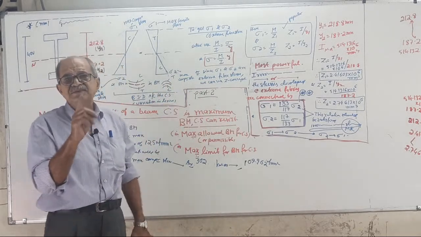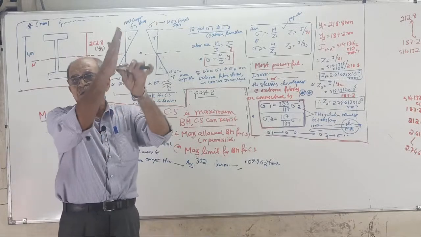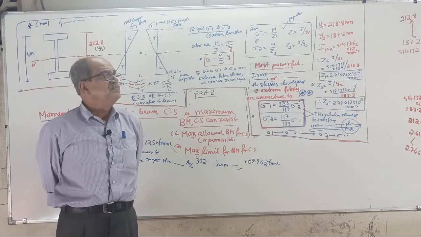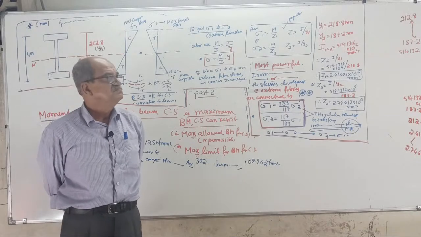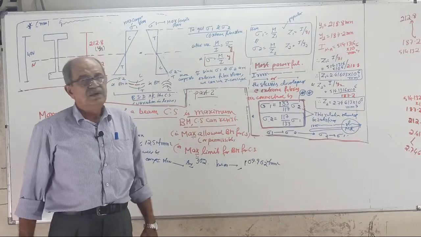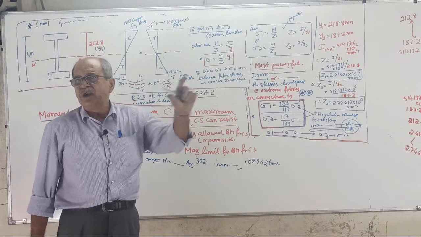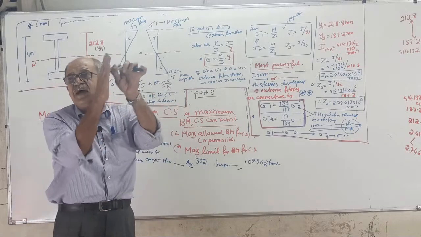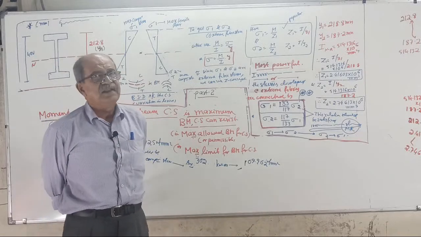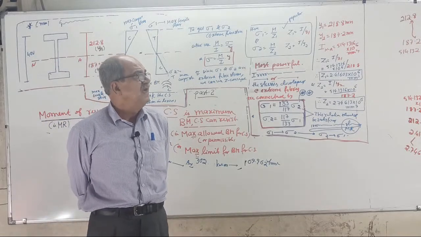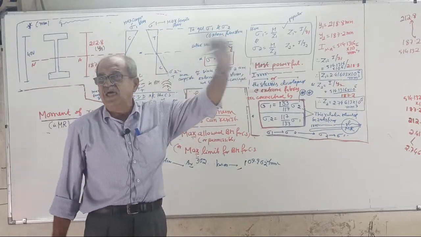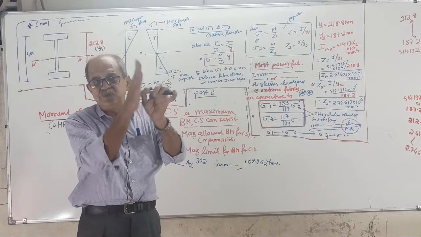See, MR is not for the beam, it is for the cross section. Sometimes people will ask, what is the resisting capacity of the beam? You don't answer that question; ask the question correctly. Not the beam, span is not counted for the cross section. Some will say span is counted, when? Laterally unsupported beam. Okay, then length counts, but finally the stress allowed is for the cross section only.